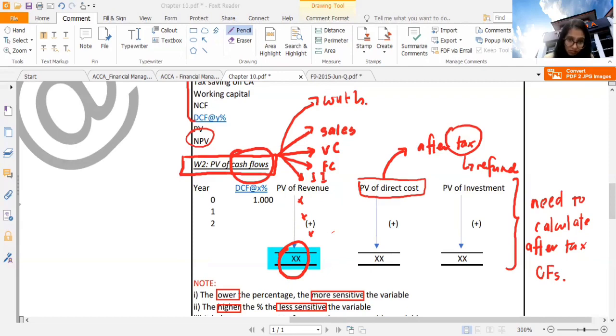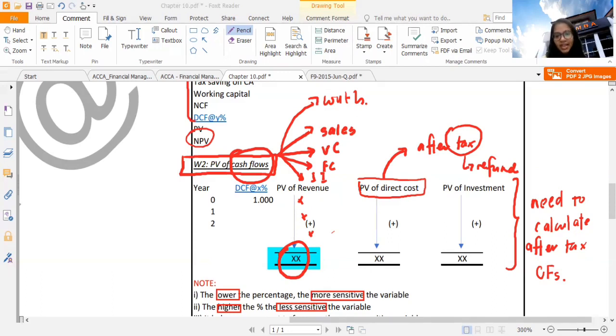And also, when you are calculating sensitivity analysis, you are not making a decision. It is not a decision making model. It is just a model that will be used for you to direct attention to the variables of your NPV that is the most sensitive.